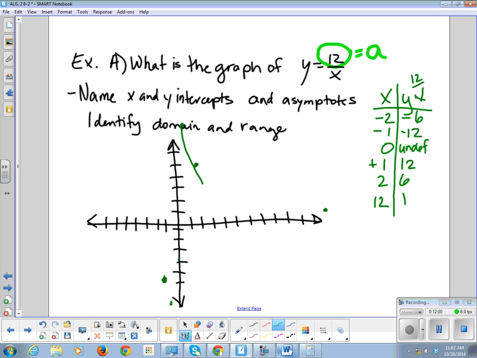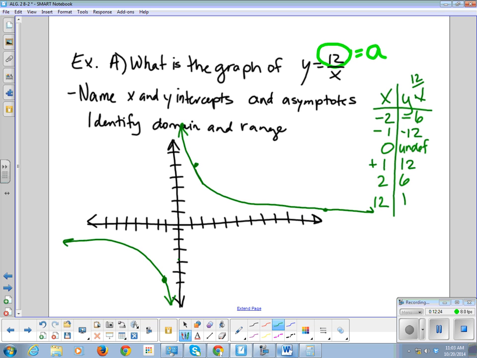So it looks a little something like this.